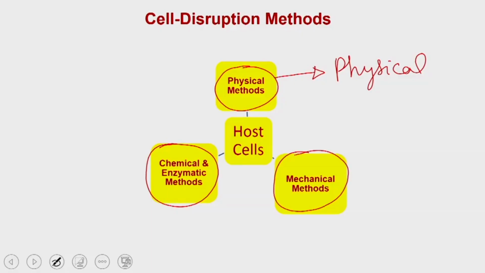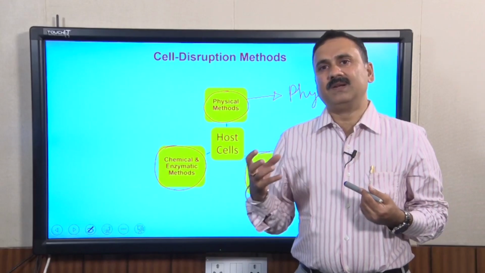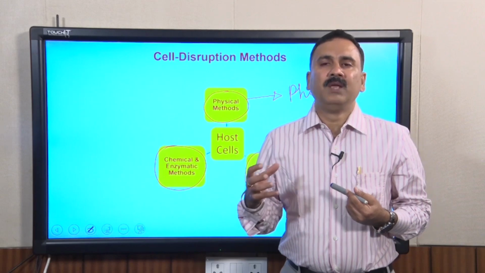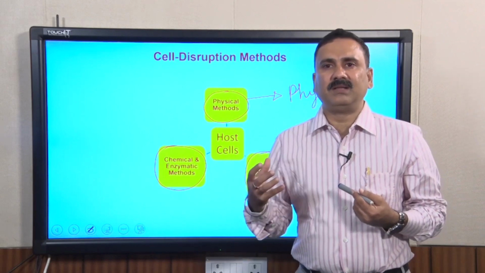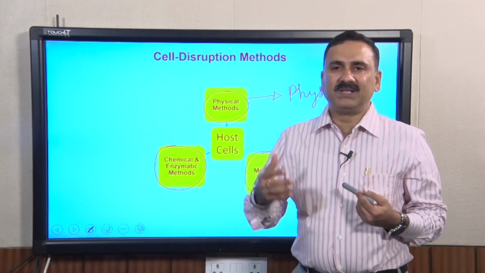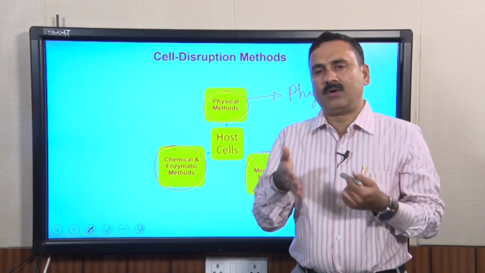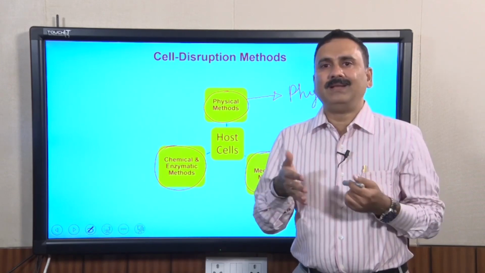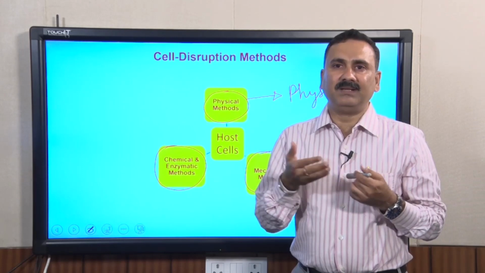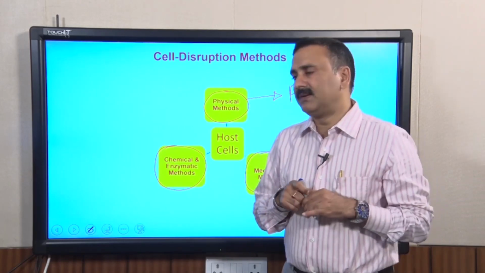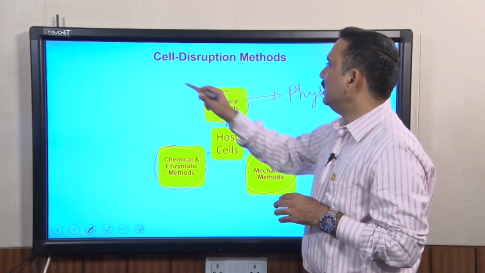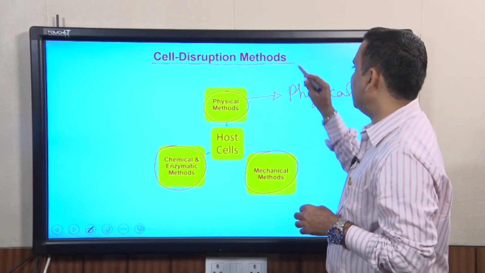Mechanical methods are mostly developed to break the cells that are very difficult to break down. Mostly the mechanical methods develop shear stress within the cell or within the liquid, and that shear stress disrupts the cells.